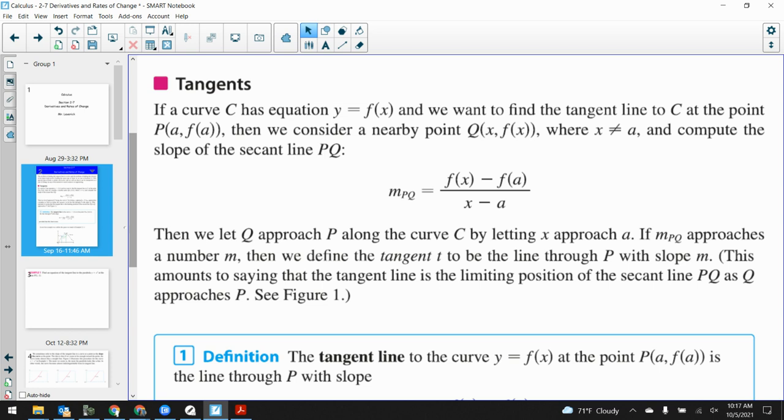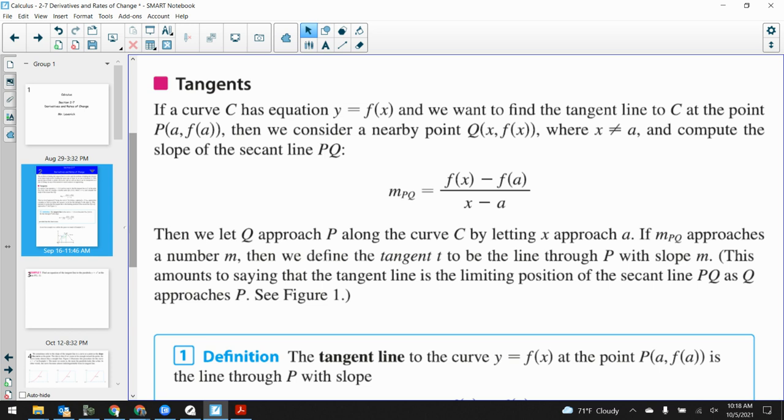Because I could give you some weird, wacky curve, and I say, what's the derivative? And that does not make any sense. If I say, what's the derivative to a curve? No, you can't do that. Because I need to say, what is the derivative at this point? What is the derivative here? What is the derivative there?